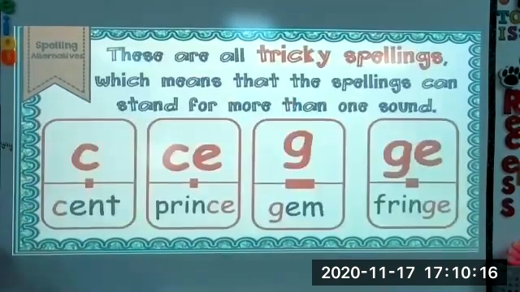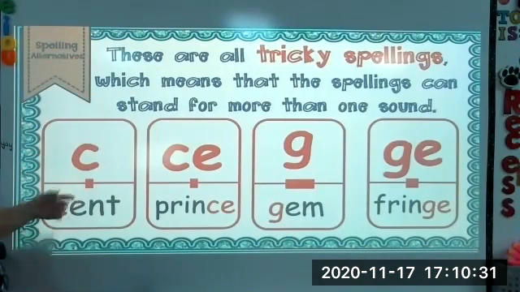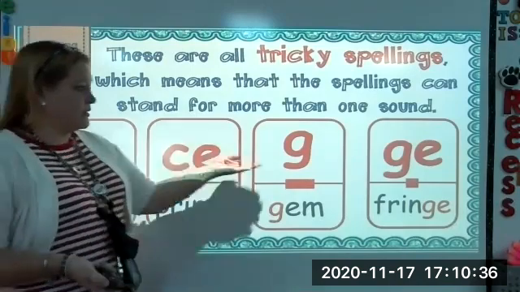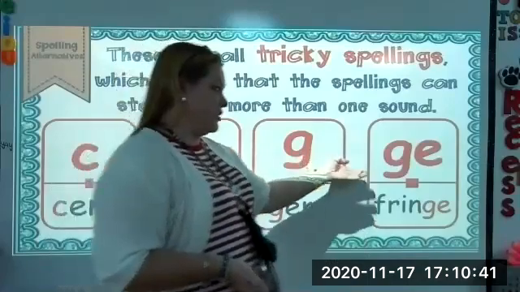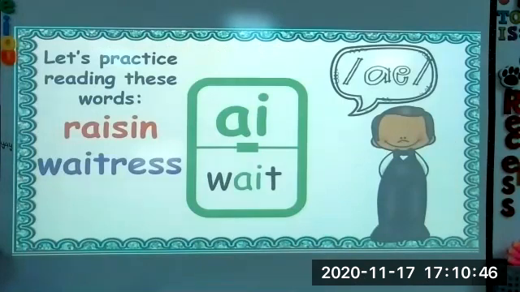Okay, so remember, these are tricky spellings, guys, which means that the spelling can stand for more than one sound. So we know that C says k, but it can also say s. We know that CE says s. We know that G can say g or j, and the GE says j. All right, so also we're going to practice some spellings with the vowel sounds.